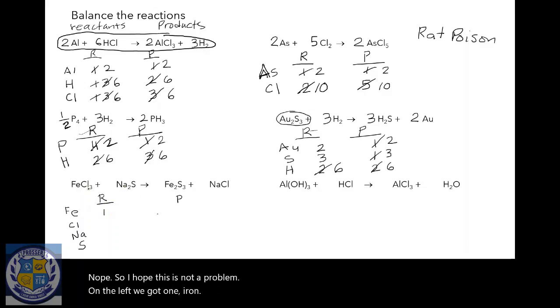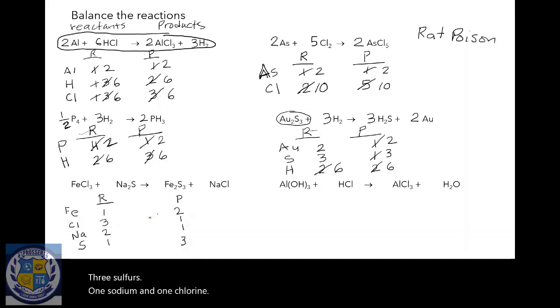We've got 3 chlorines. We got 2 sodiums. And we got 1 sulfur. On the right, we have 2 irons, 3 sulfurs, 1 sodium, and 1 chlorine.